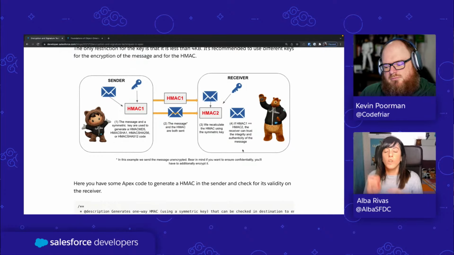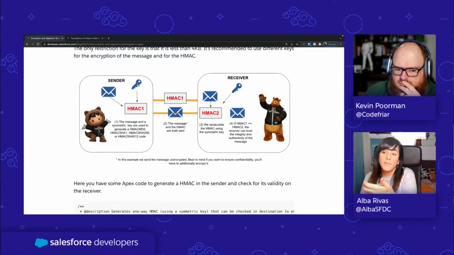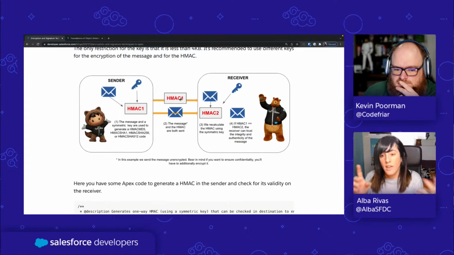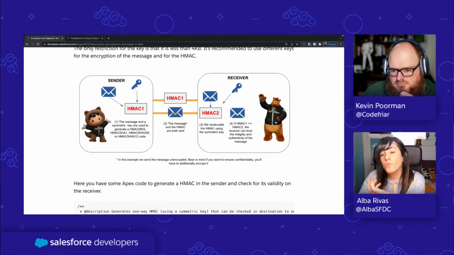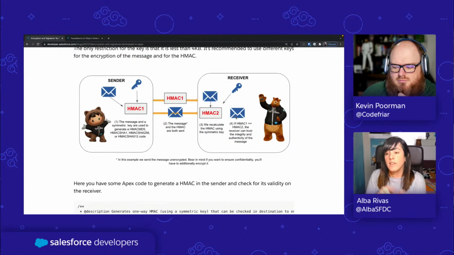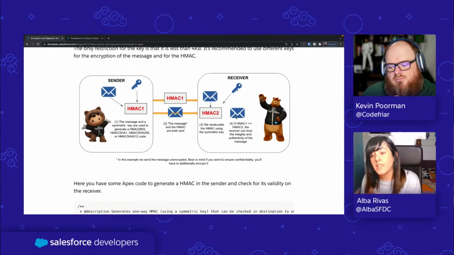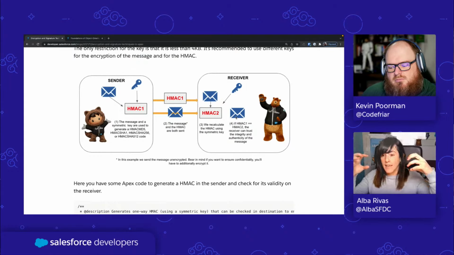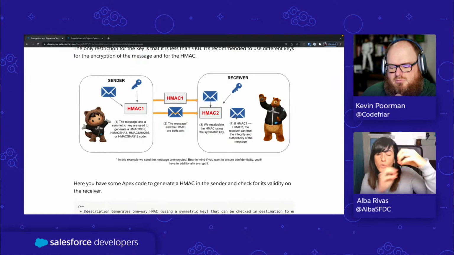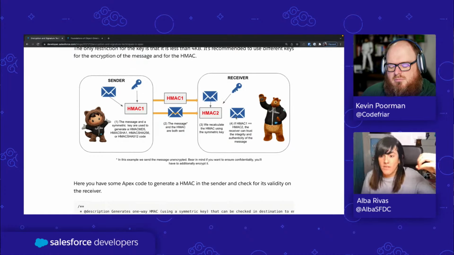And then to generate the HMAC, we use a key, a symmetric key, that is going to generate that hash, but which is kind of an encrypted hash. And then in the receiver, you are going to need to have that key, not to decrypt, but to generate the HMAC on the receiver so that you can compare them and make sure of the integrity and authenticity, in this case authenticity too, because having the key means that the person who sent the message has the key as well, right?